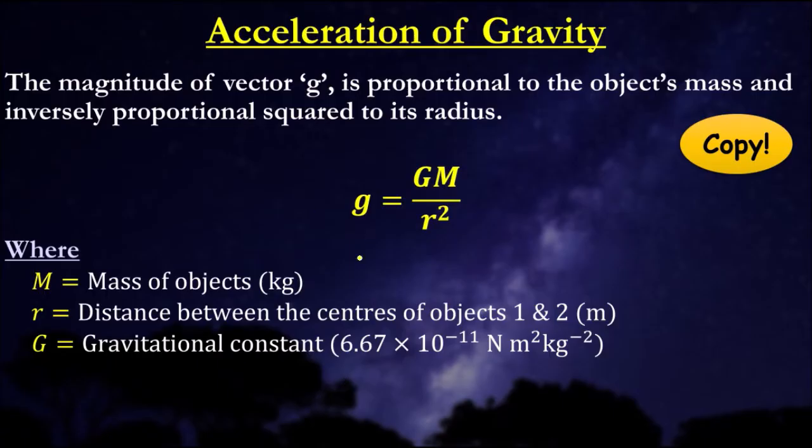Okay, so this is the value that we have here. It is a magnitude of vector proportional to the object's mass and inversely proportional squared to its radius. Essentially, this has a direction as well as a magnitude. It is a vector. So keep that in mind.